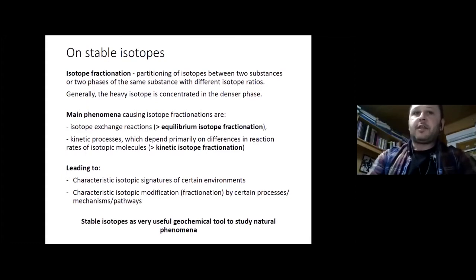The interesting thing is that because of all of these processes, certain environments in nature will have characteristic isotopic signatures, and certain processes will cause characteristic isotopic effects or fractionations. When we combine all of this, we can use stable isotopes as a tool to identify certain sources and processes, and so we can study a system based on its isotopic composition.